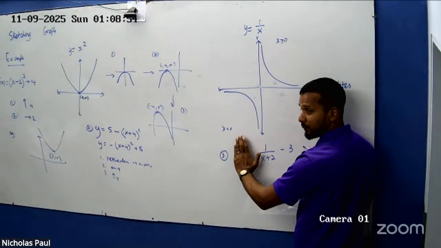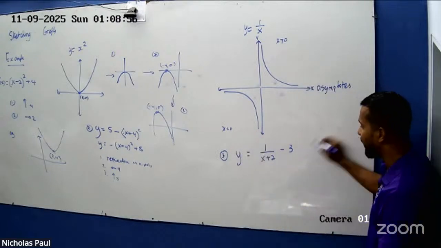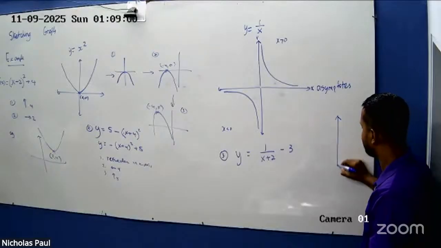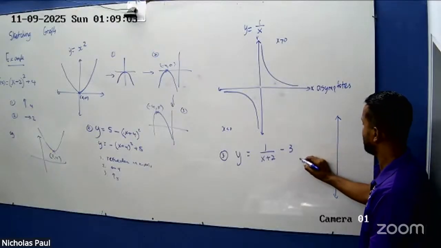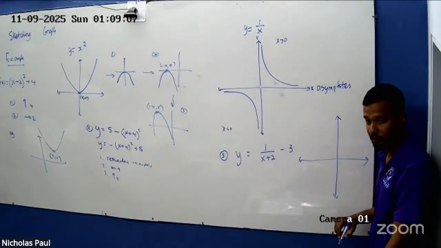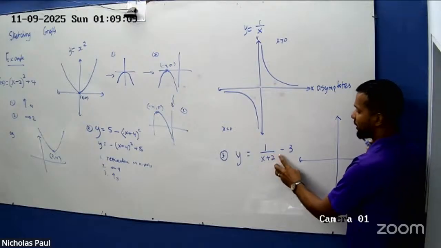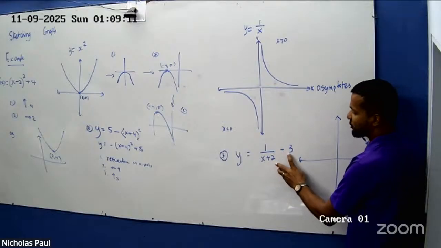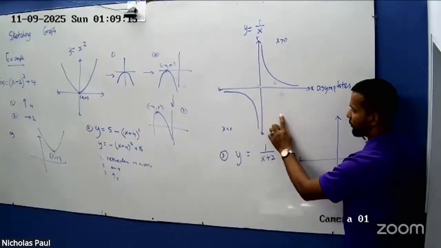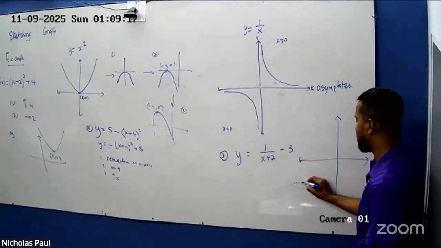So the first thing before you start to draw a graph, you need to do your asymptotes. The graph shifts down 3, so minus 3 is your new asymptote. 1, 2, 3. So your new asymptote is this line.